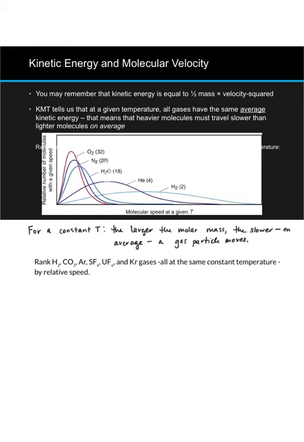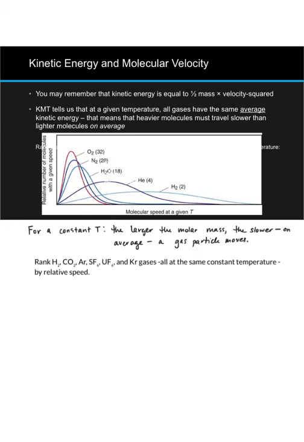This relationship allows us to do something like rank the relative speeds of gases. Here in this example, we're going to compare hydrogen, carbon dioxide, argon, sulfur hexafluoride, uranium hexafluoride, and krypton gases, all of which are at the same constant temperature, through comparison by relative speeds. To do this, let's come up with a list of all of the corresponding molar masses for these gases.